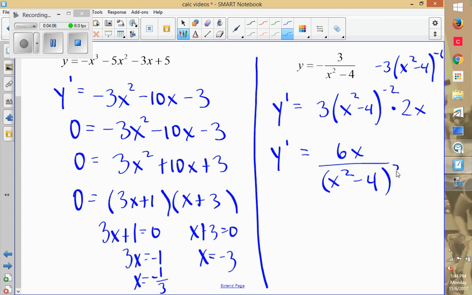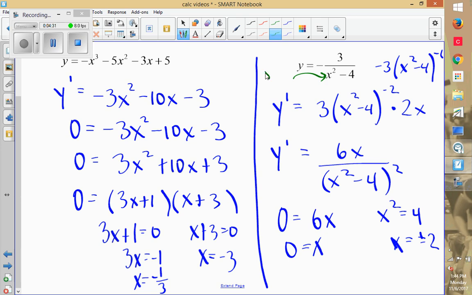Quantity squared. So this fraction is going to be equal to 0 when the numerator is equal to 0, which happens at x equals 0. Now technically I have two places where the derivative is not going to exist, but from the get-go, those two places are asymptotes.